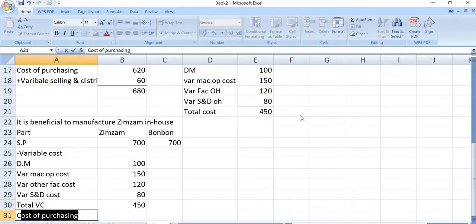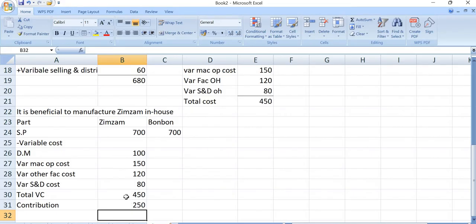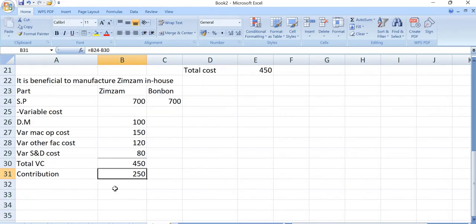Contribution is selling price minus variable cost, 700 minus 450, so 250 will be my contribution. Now this is contribution per unit.